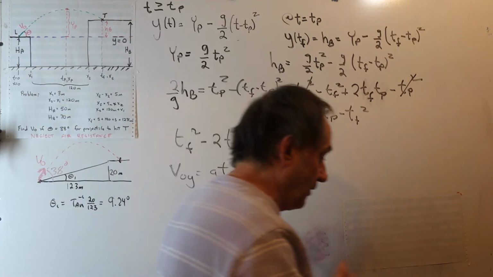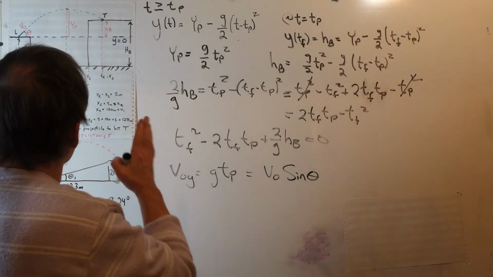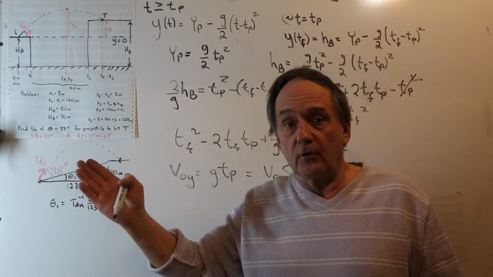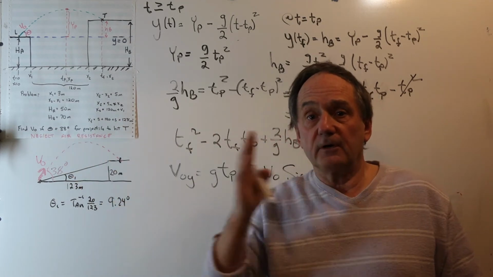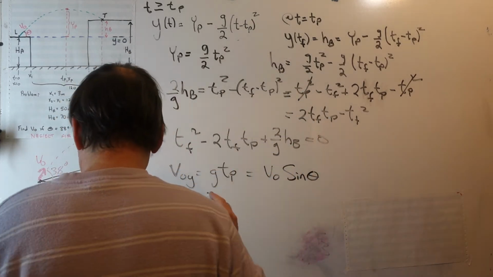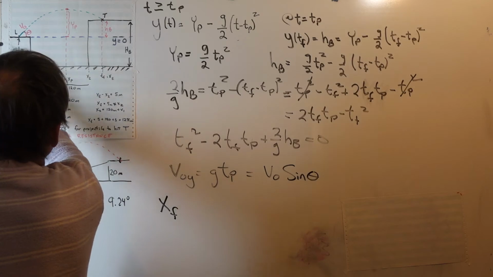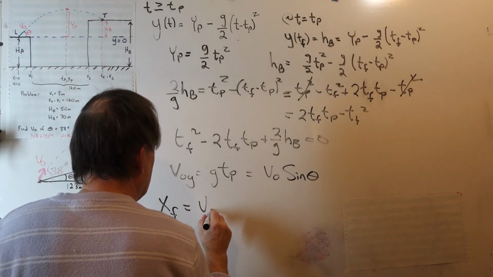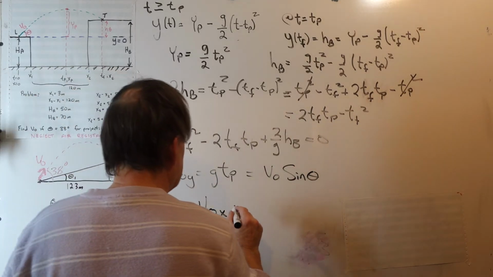so in order to get a solution, we now have to look at the horizontal component. Remember that in any ballistic flight, there are no forces acting in the horizontal direction, so the projectile velocity component in the horizontal direction always remains constant throughout its flight. That's a key point. So the distance in the x direction that the projectile travels is going to be V0x, the x component of the initial velocity, times the final time.